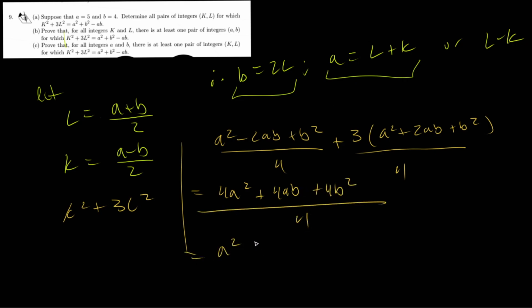And this would equal a squared plus ab plus b squared. And that concludes our proof, right? So for every value of a and b, you can always select L to be equal to a plus b over 2 and k to be a minus b over 2.